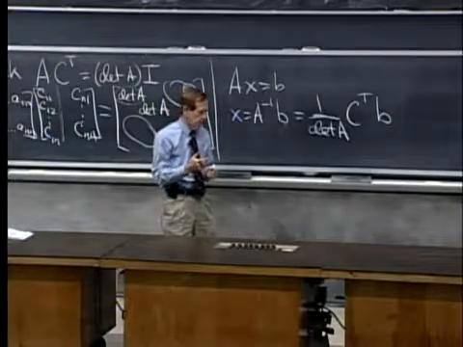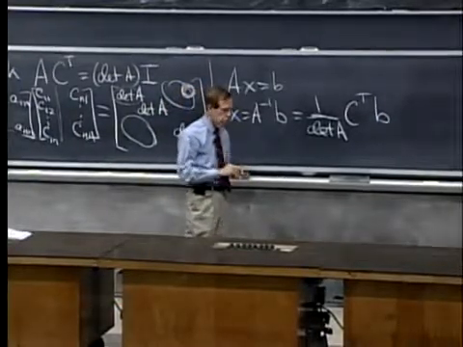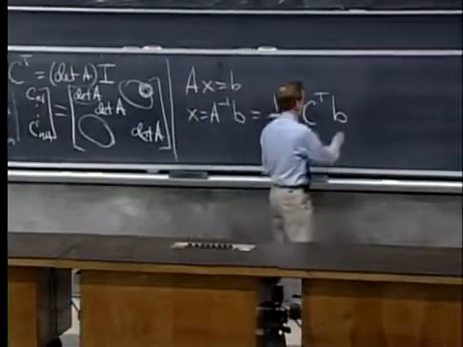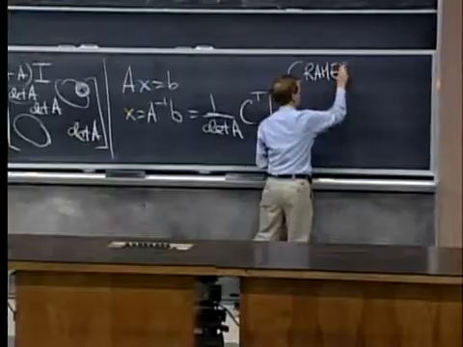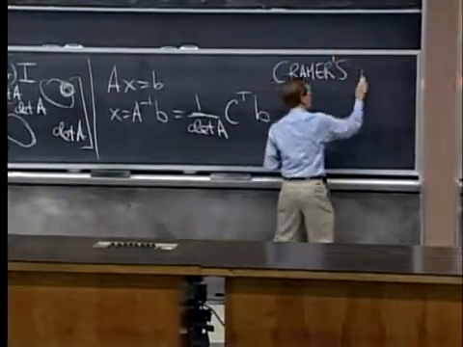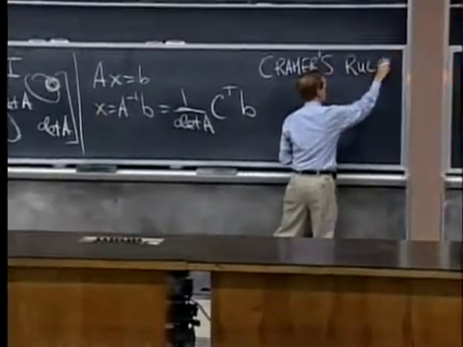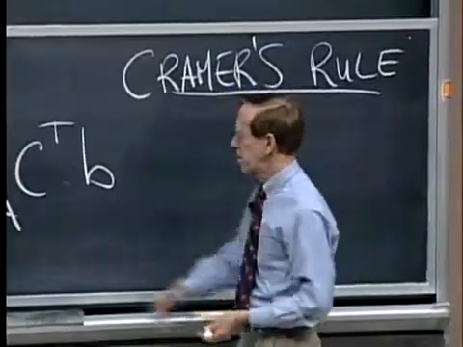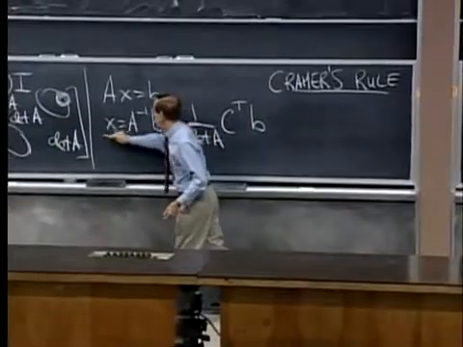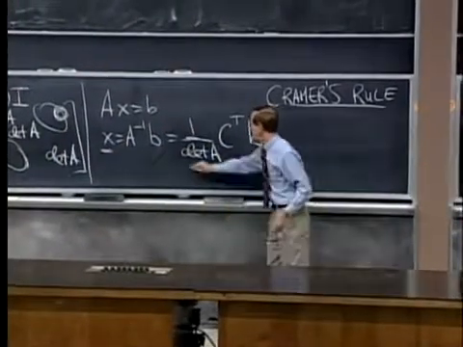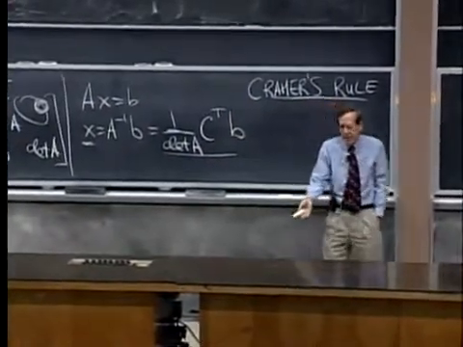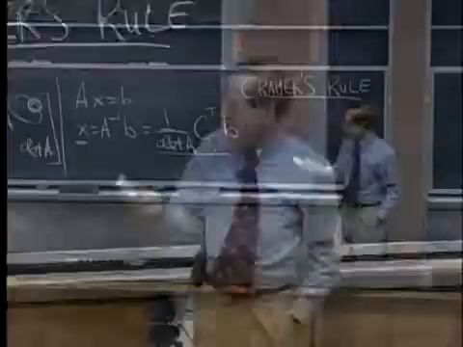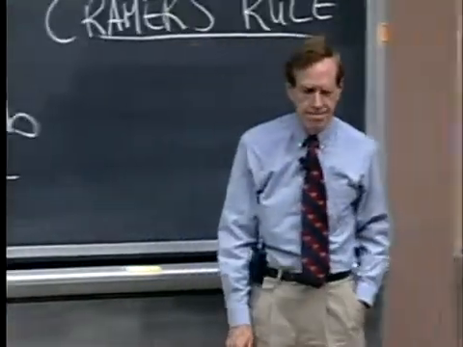This Cramer's rule is exactly a way of looking at this formula. So this is a formula for x. Of course, the first thing I see from the formula is that the answer x always has the determinant in it.